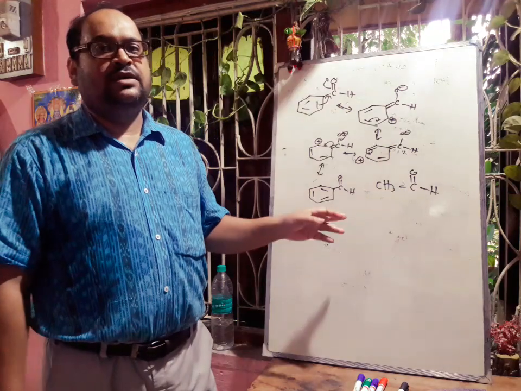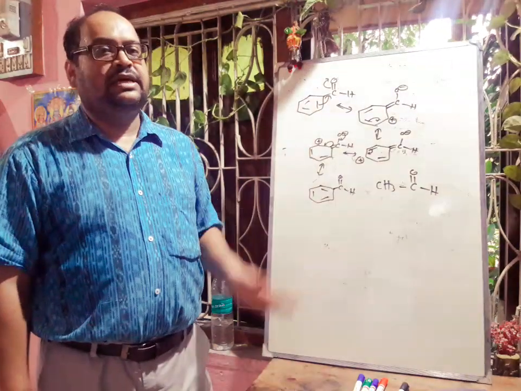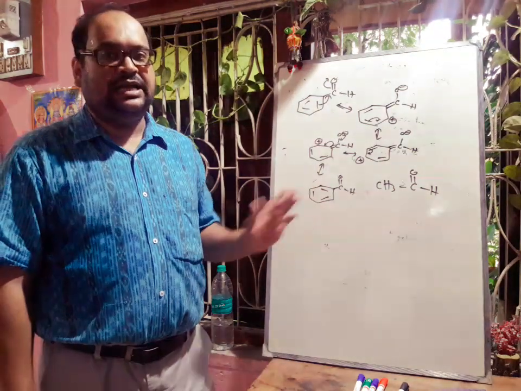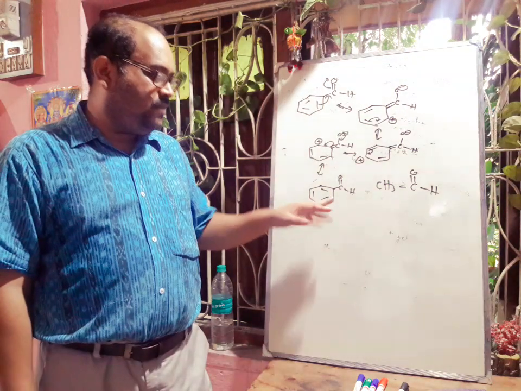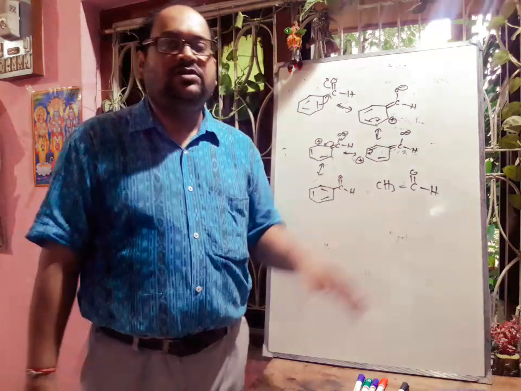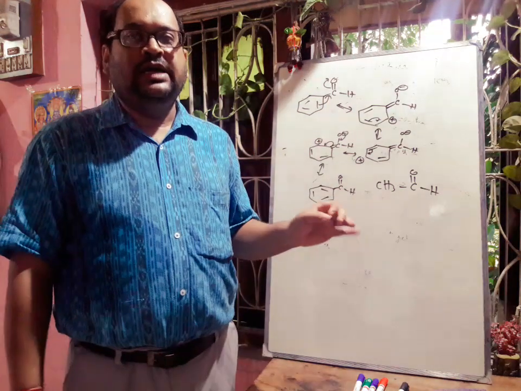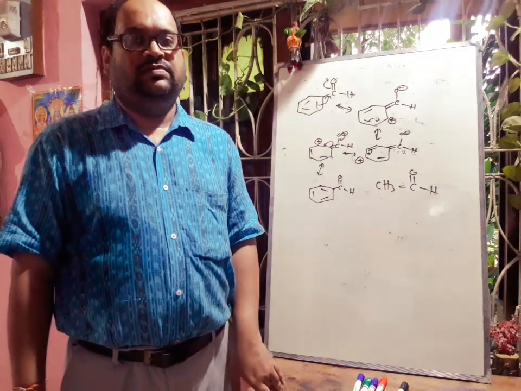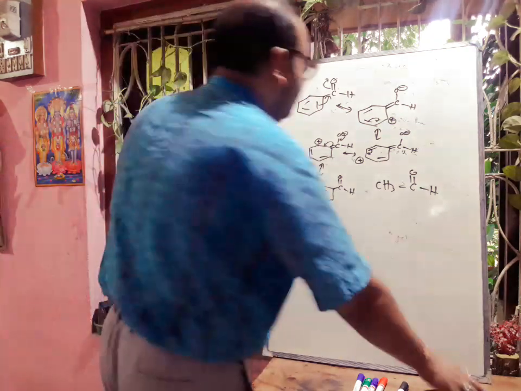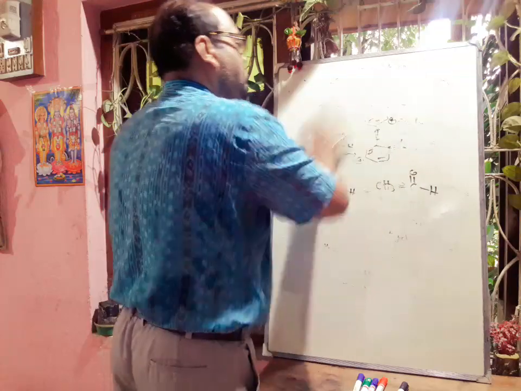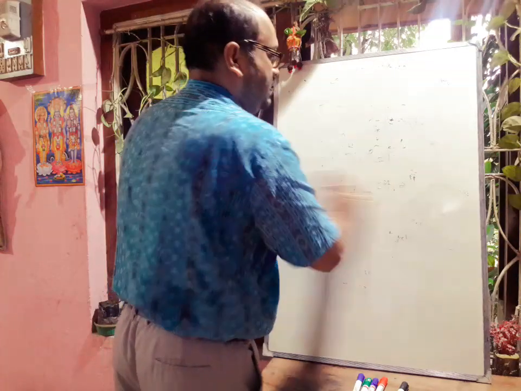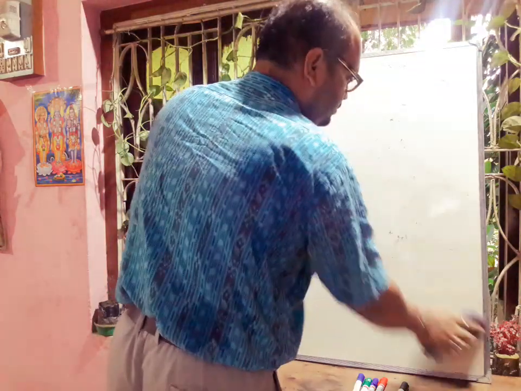That is why aromatic aldehydes are less reactive than aliphatic aldehydes. Now in the aromatic part, if we add some electron withdrawing group, it will increase the reactivity of the carbonyl group. I am writing one order so that you can easily understand. But if we give some electron donating group, then it will decrease the reactivity.